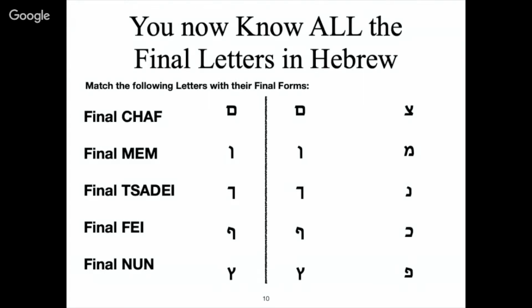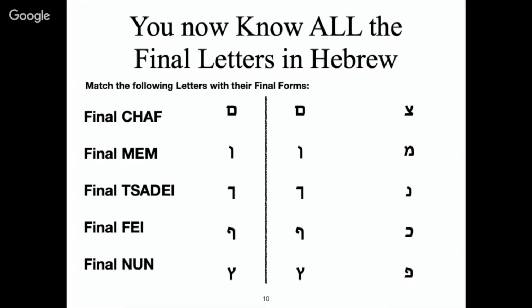So we actually now have learned the five letters that have a final form. We've learned the final kaf, the final mem, the final tzadeh, the final fe, and the final noon.